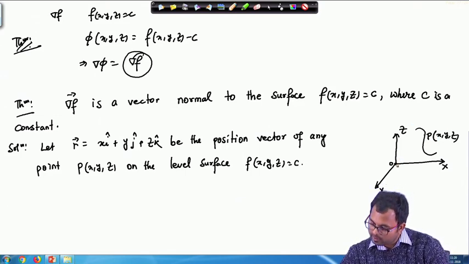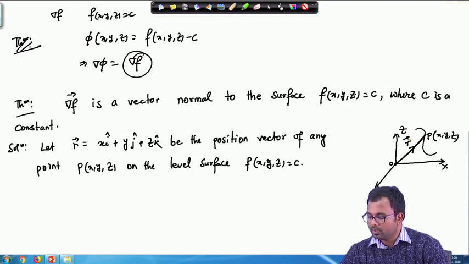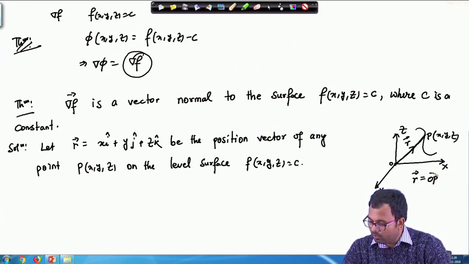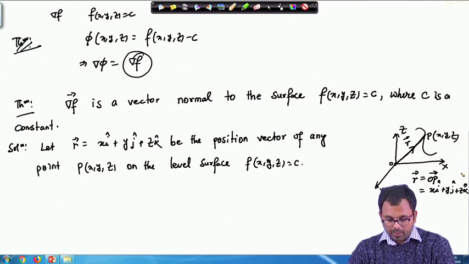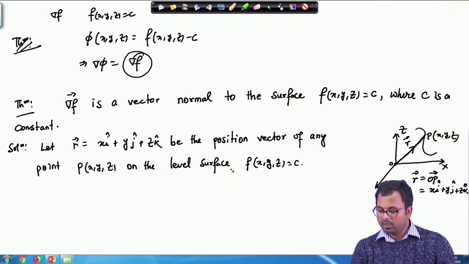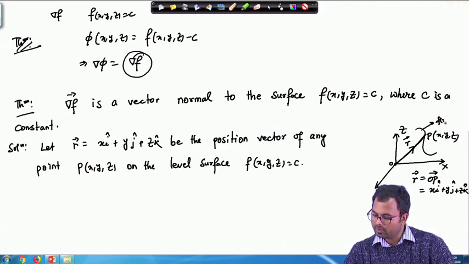Now this is our vector r, which equals vector OP, and it can be written as x i plus y j plus z k. So, P(x,y,z) is any point on the level surface, whose equation is f(x,y,z) equals c.